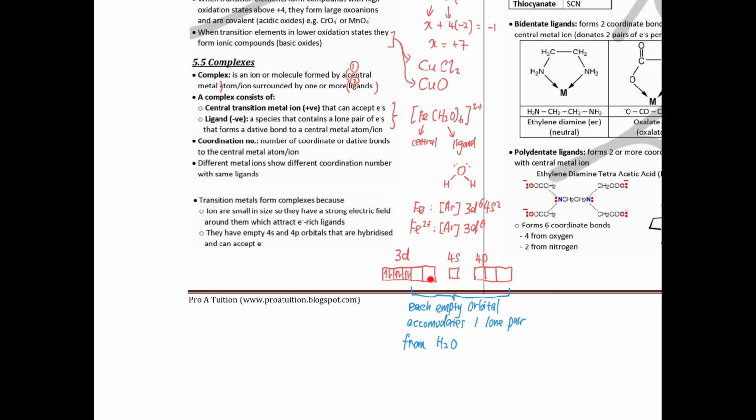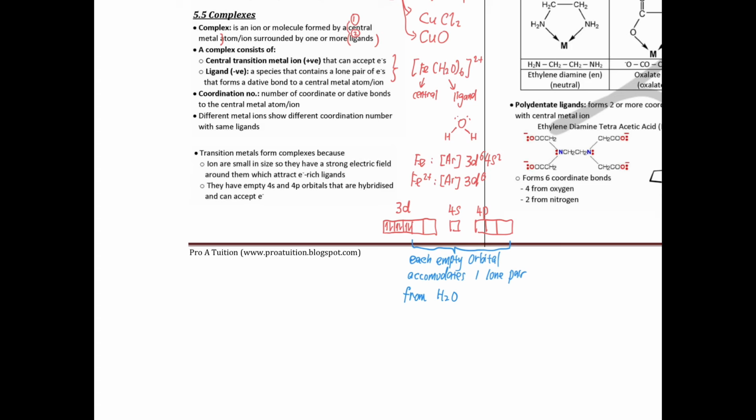So the second H2O molecule forms a dative bond here, and the third H2O here, the fourth one here, the fifth one, and the sixth one. So altogether, 6 H2O form 6 dative bonds with Fe, and they do it because there are 6 empty orbitals over there. So at the end, they form a complex.